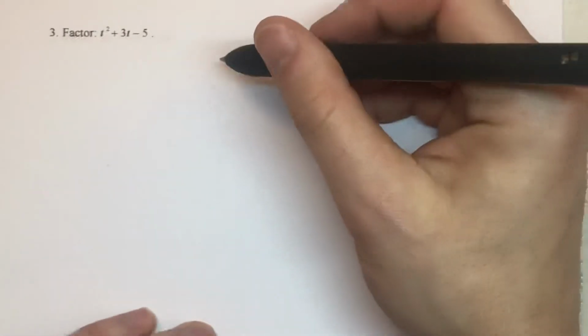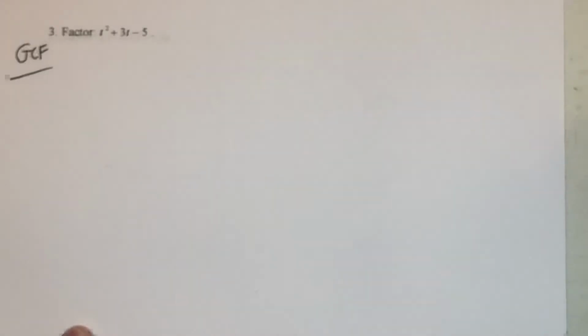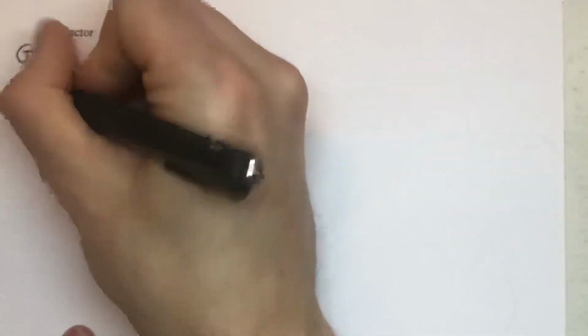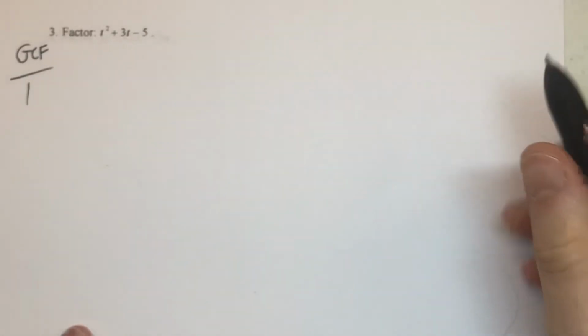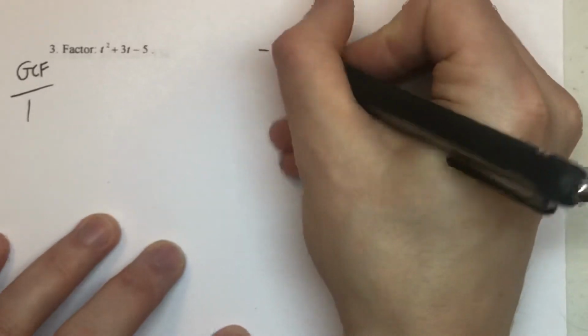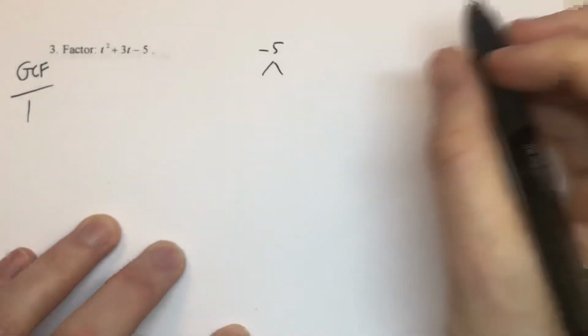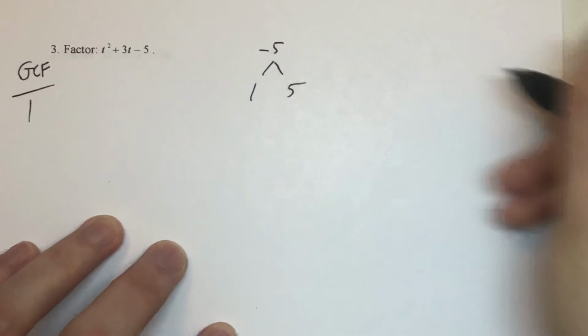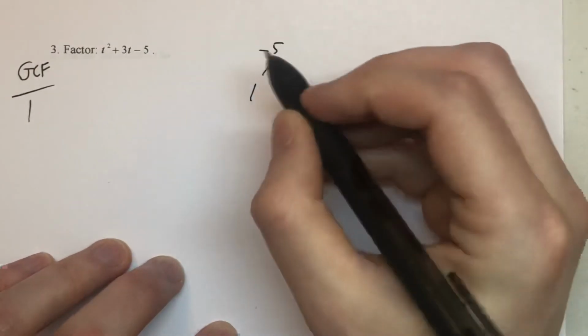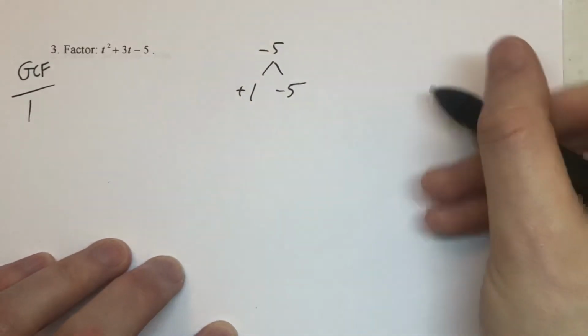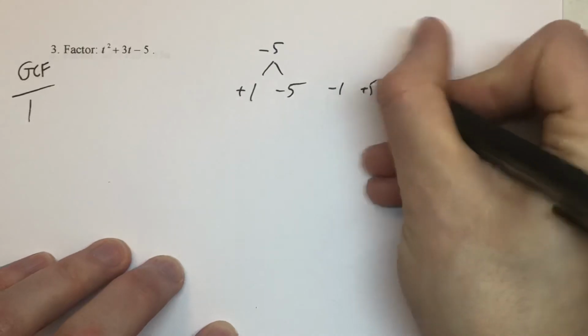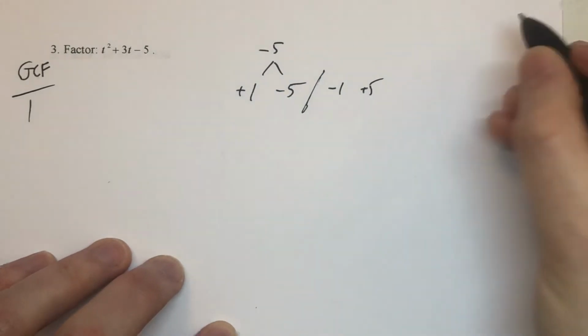All right, example 3. First step, GCF. 3 terms, nothing in common, GCF is a 1. Okay, so now we look at the constant term of negative 5. I want numbers that multiply to negative 5. Well, that would just be 1 and 5. Now it's a negative 5, so it could be a positive 1 and a negative 5, or a negative 1 and a positive 5, right? Either of those is an option.